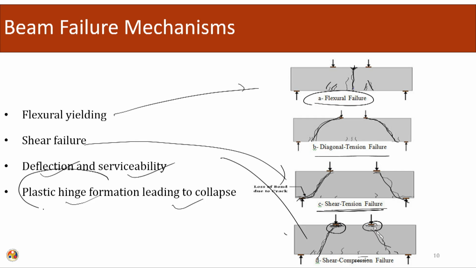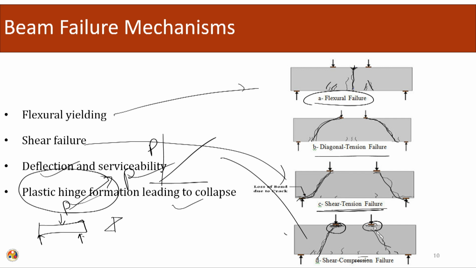Plastic hinge we have already studied. It means that when we start loading a structure, let us say this is my beam, and I start to increase my P, the magnitude of the P. First the top section will undergo compressive loading and the bottom section will undergo tensile loading.